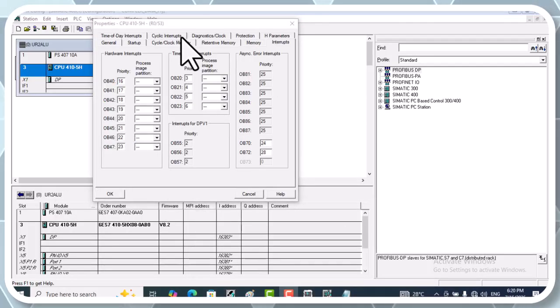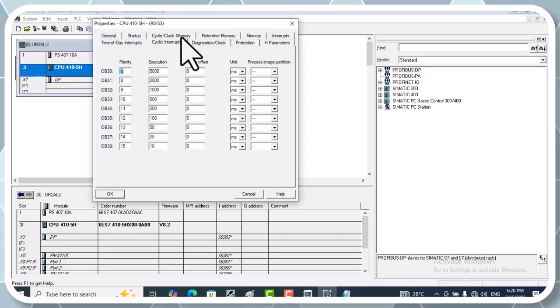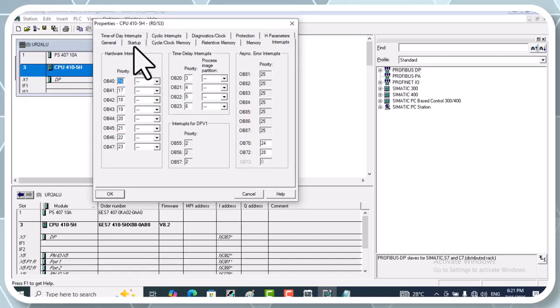The next group is the group that we use for the cyclic interrupts, and the name of the group is also cyclic interrupts. The next group is the group, let me open it, named the hardware interrupts.